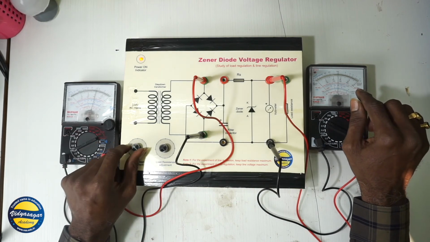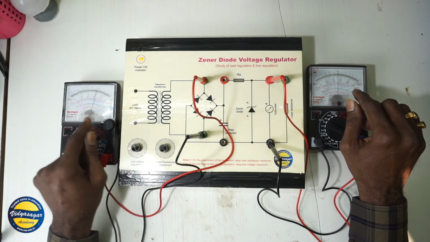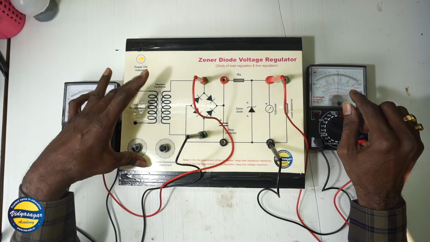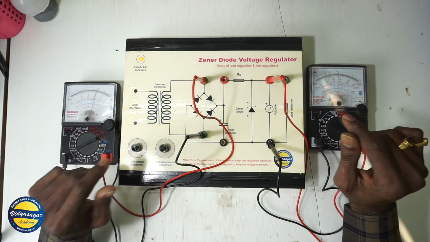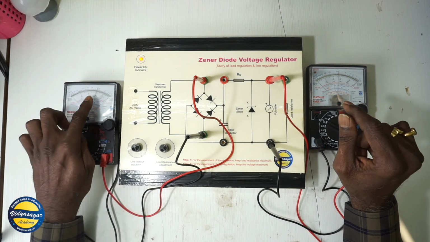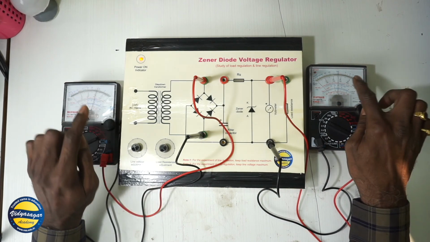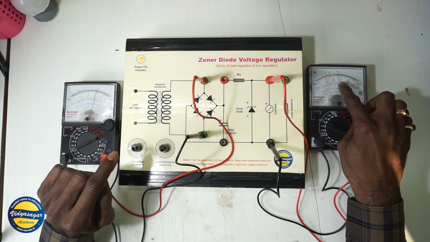If I increase this AC voltage further, there may be just a slight increase, because the transformer used here is just a 6 volt type of transformer. You can see the AC voltage is 6 volt, but the output voltage has become constant.